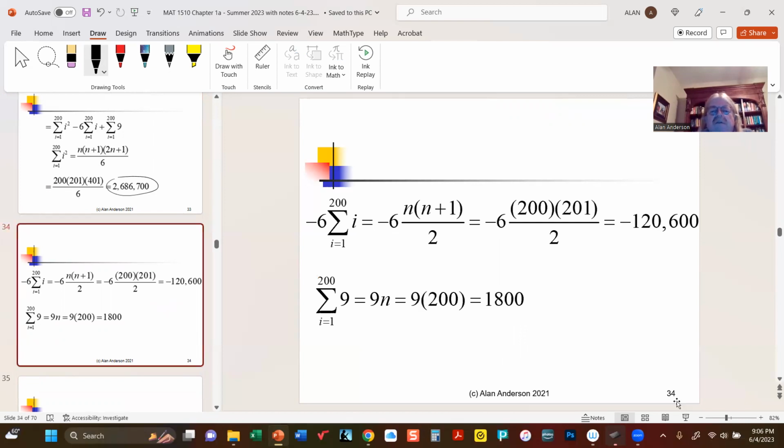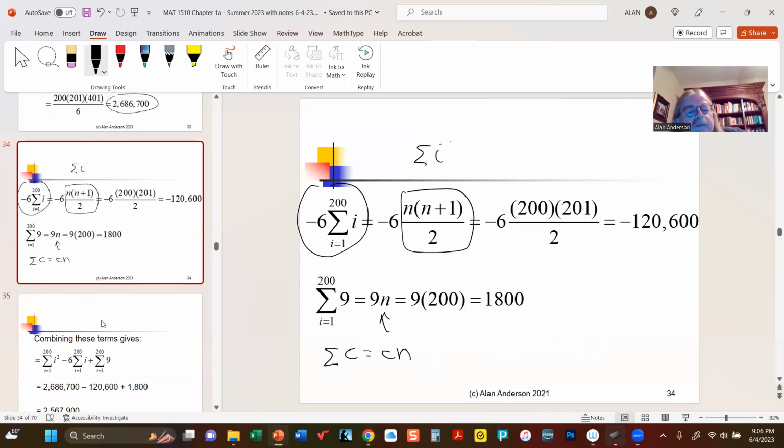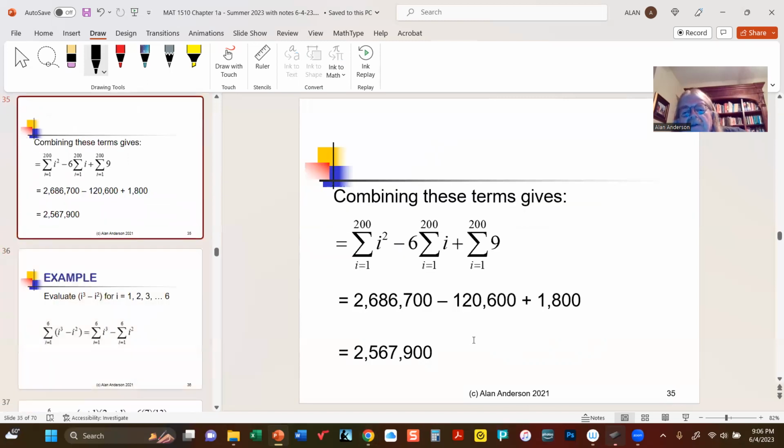So the second term looks like this. And this is the formula for i squared, i, just plain i. And then for the constants, remember, that's what we have here. And so we combine all 3 terms, and we end up with this enormous sum.